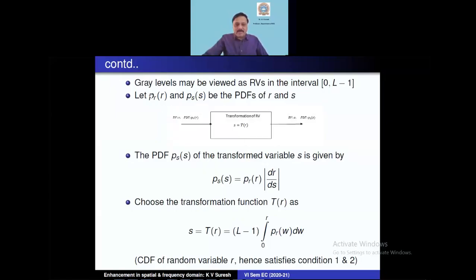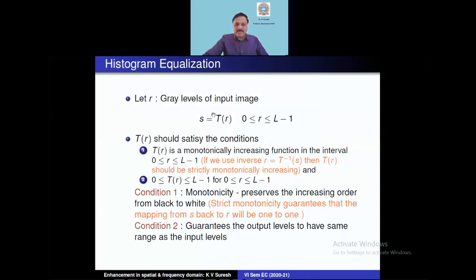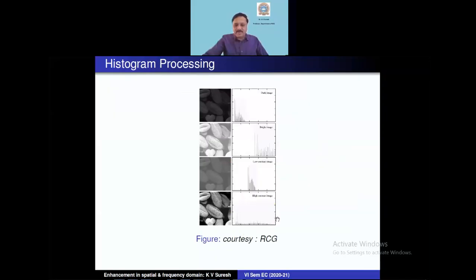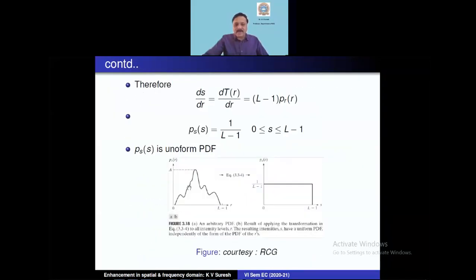Now the whole concept here is I have an input image, and I am just using a transformation to go from one input image to another image. What is expected in equalization, as the name itself says, is that the output gray level should have uniform intensity, which is something like this. I have an input distribution which is arbitrary, but the output distribution is a uniform distribution.